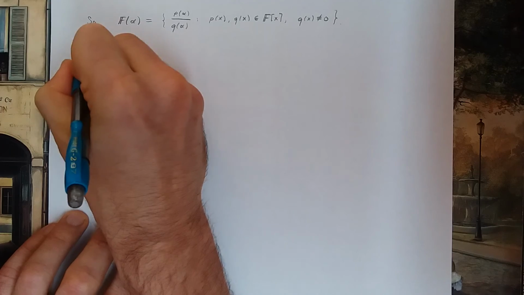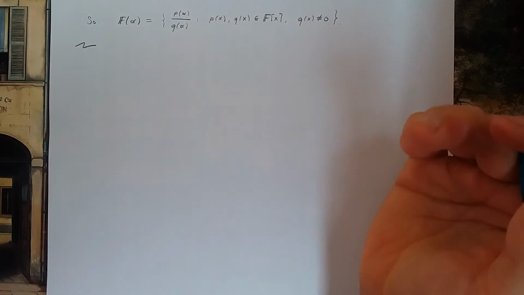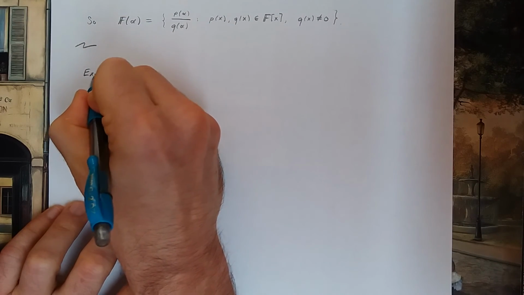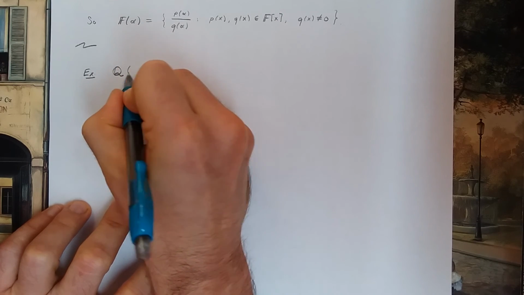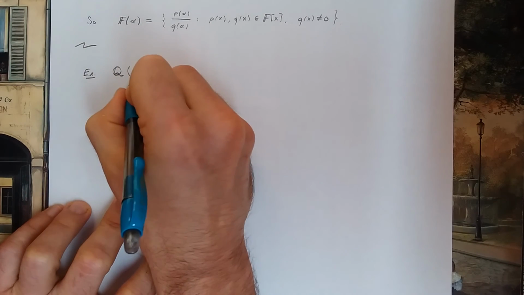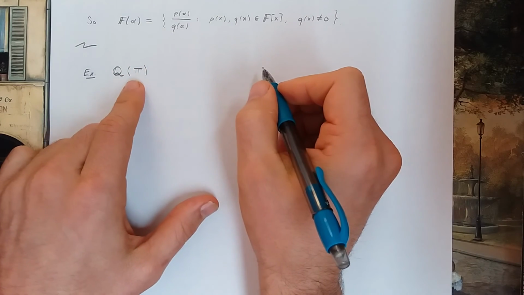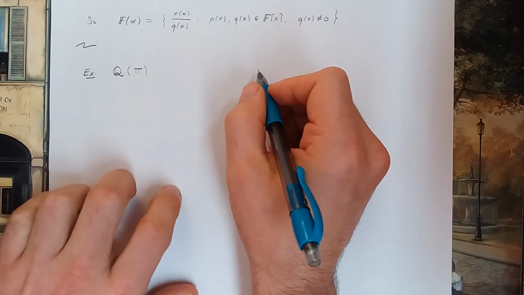Here, let's finish this video with some examples because it's been kind of abstract what I've been saying. So let's do two quick examples to finish this video. What is the smallest field that contains the rationals and the transcendental pi? So we've said before that pi is transcendental over the rationals.